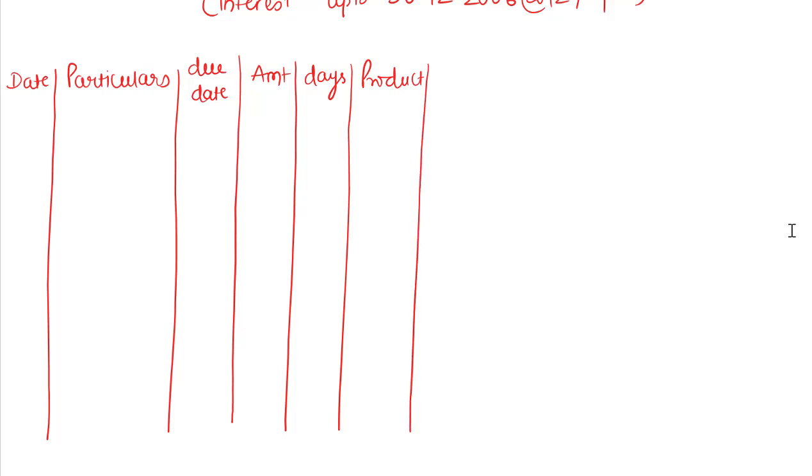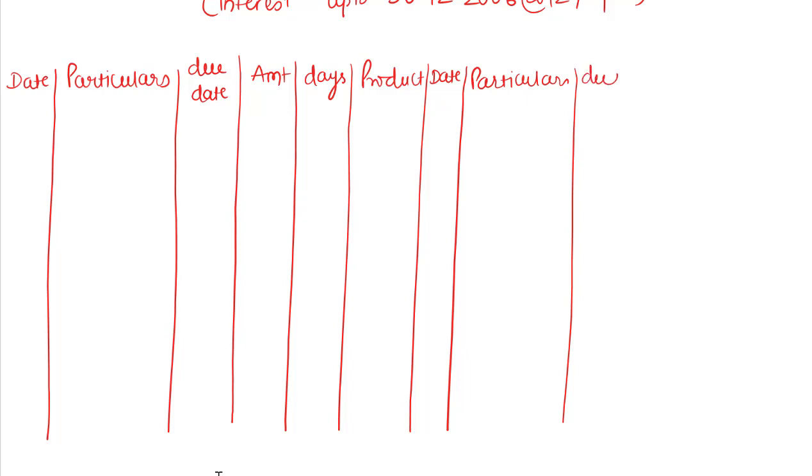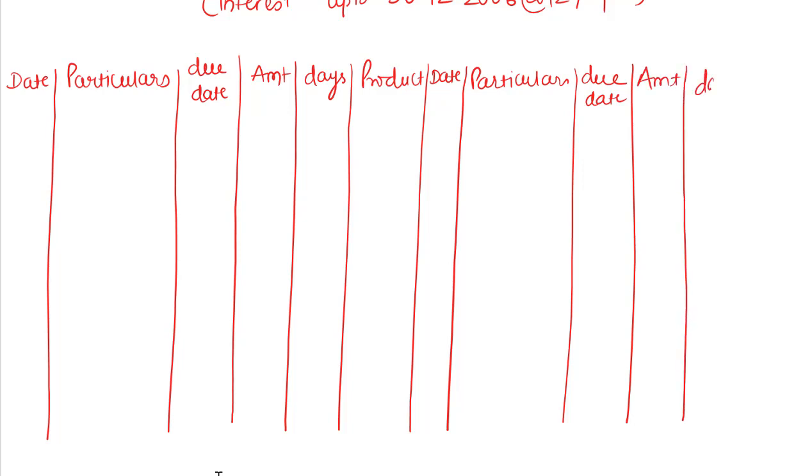On the credit side, date, particulars, due date, amount, days, product.